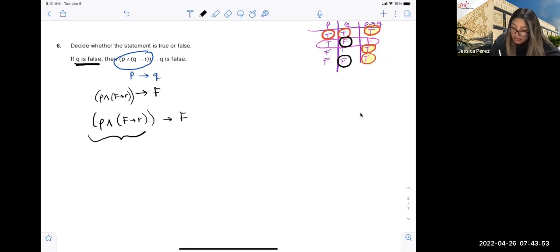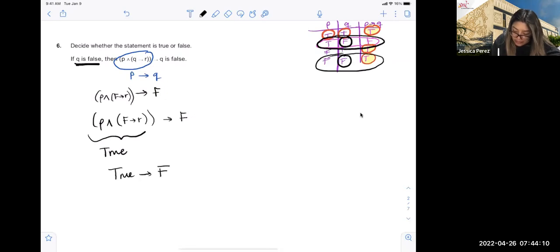This part is either true or false, so we're looking at this scenario and we're looking at this scenario. So if we have true implies a false, this will be a false. If I have a false implies a false, then I will get a true.